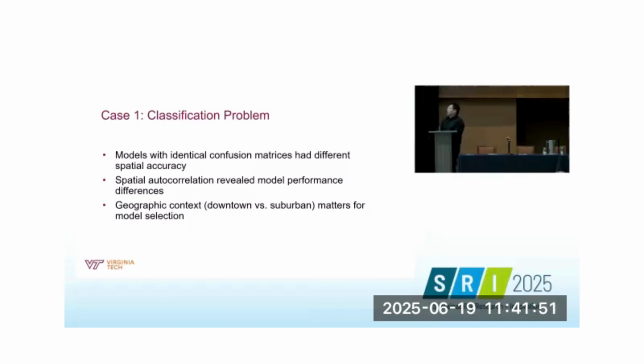So for example, the spatial autocorrelation problem is talking about how these two models might actually have different performance, where one is better than the other in the spatial context. So the geographic context, whether it is downtown, where we have a lot of misclassification for the GeoAI model, or the suburban areas, really matters in model selection.